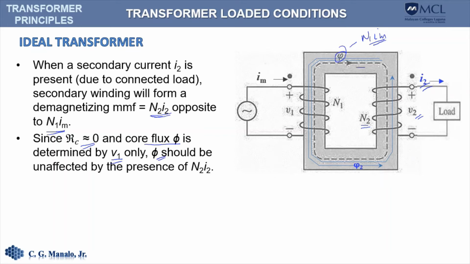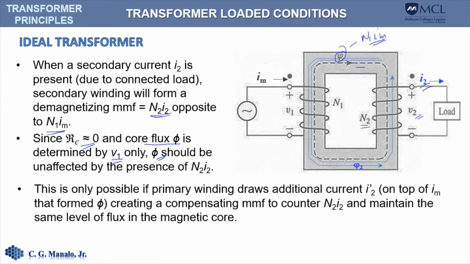Well, when the load draws a current I sub 2, the primary winding immediately draws additional current, called I sub 2 prime.